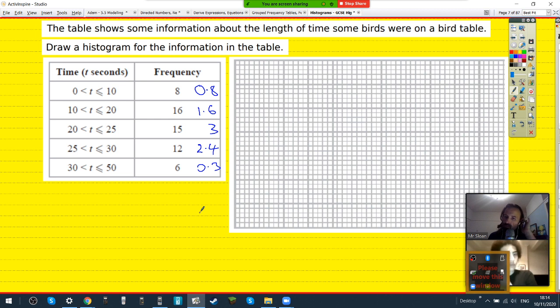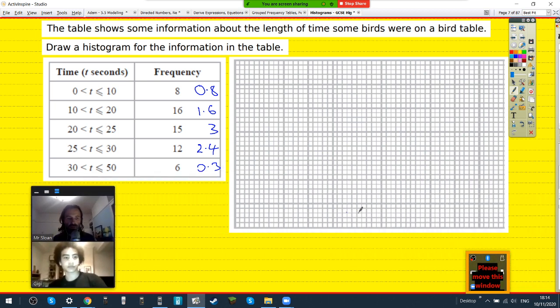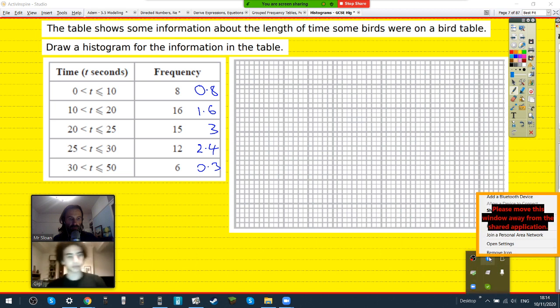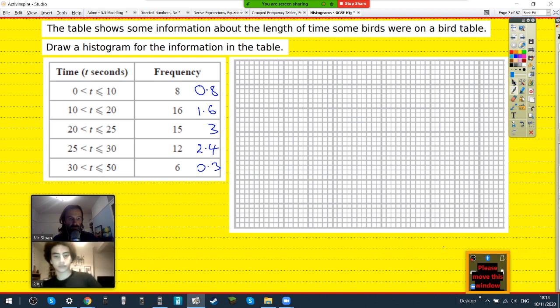Now we would draw the graph on the x-axis with every 2 squares being 10. Let's see. So it goes up to 50. Yeah, they usually work out pretty well. So that's 50.